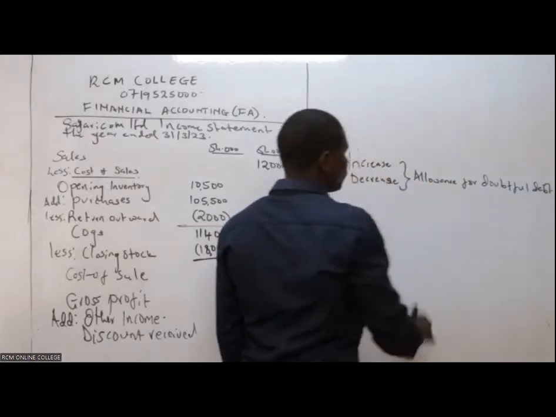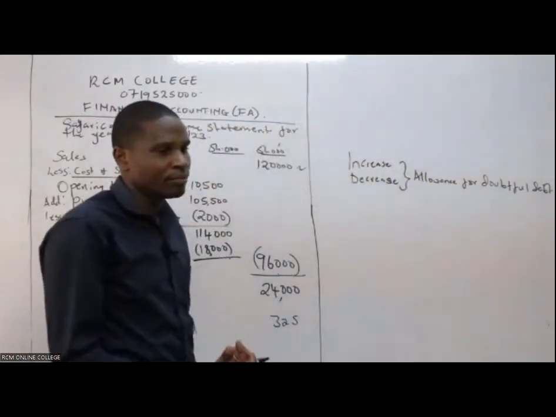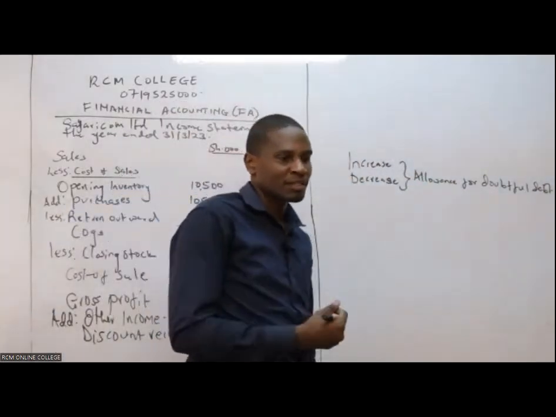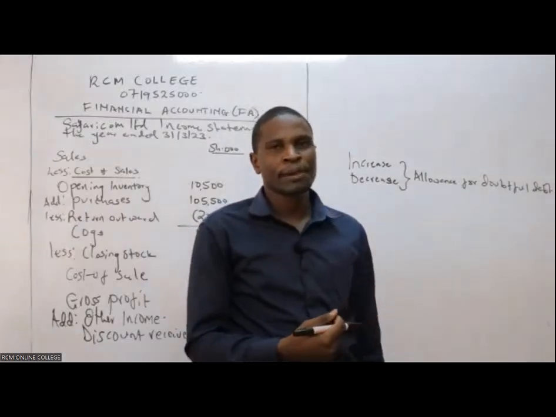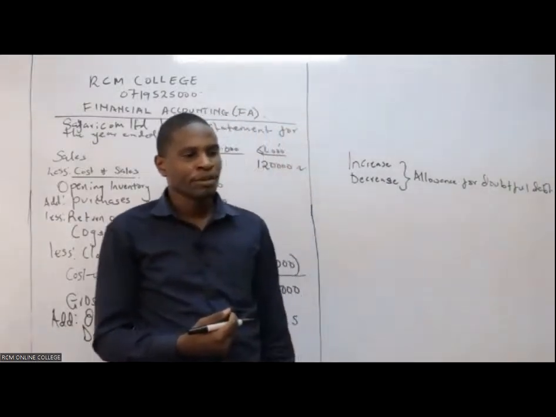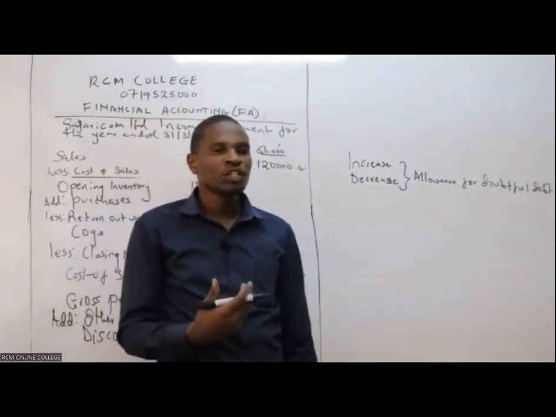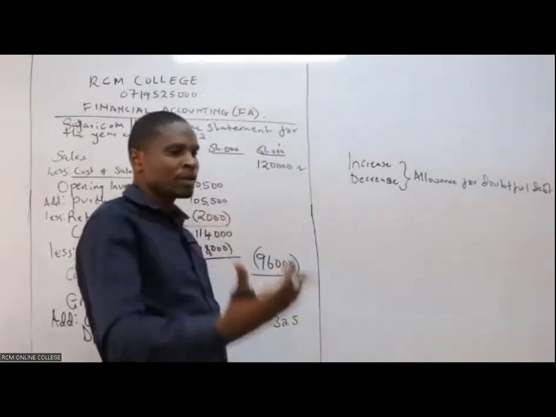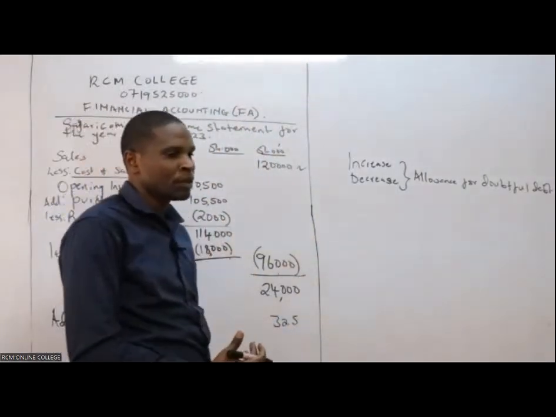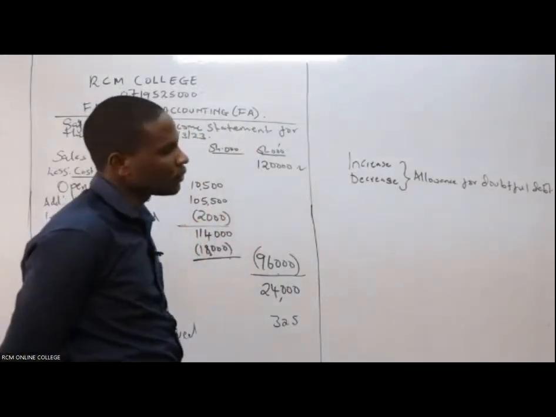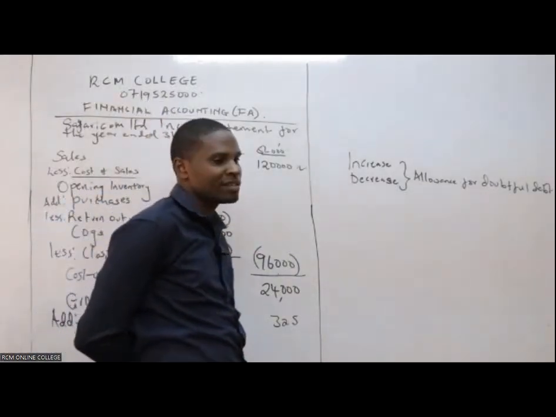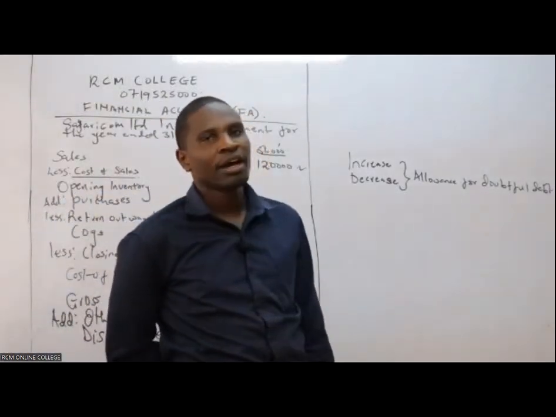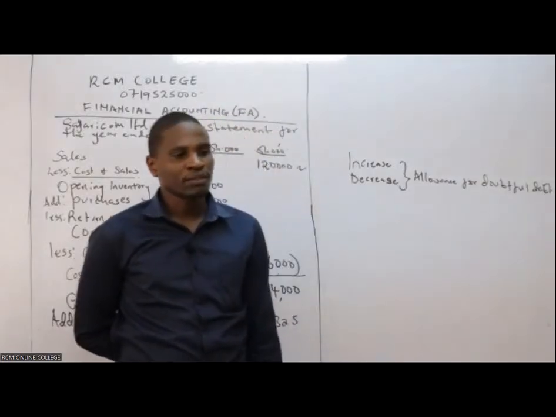Between the two, which one is an income and which one is an expense? Very important information here. Taka tuende pole pole tu, hakuna pressure hapa. We have an increase in allowance for doubtful debt and a decrease in allowance for doubtful debt.